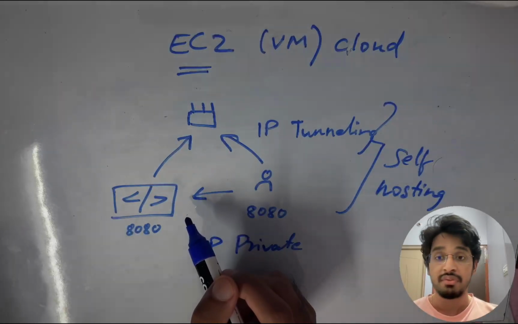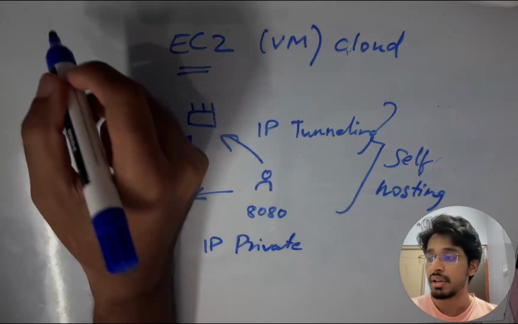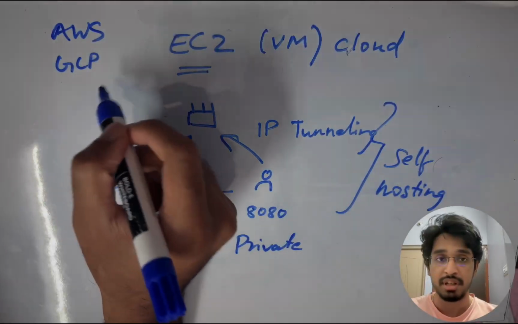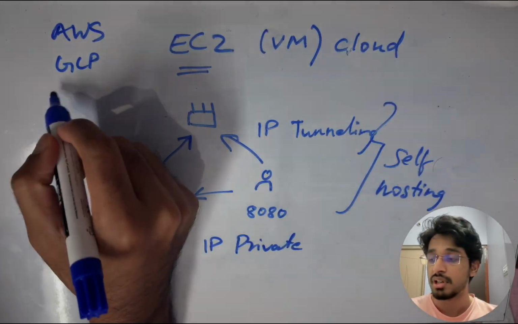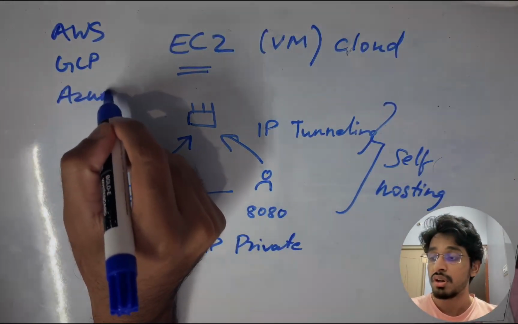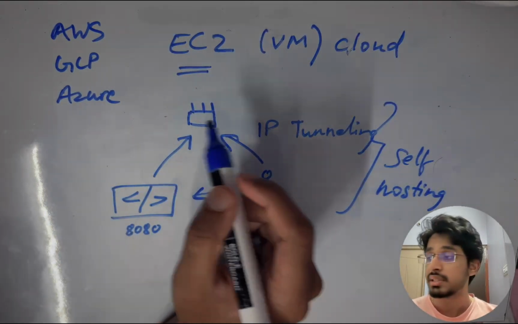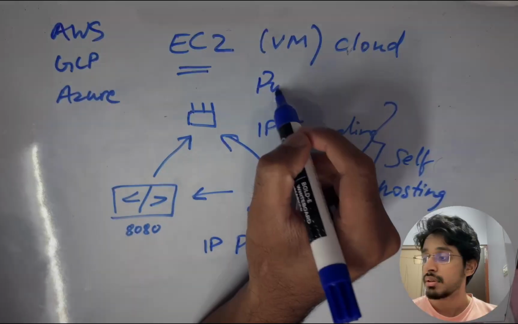That is where cloud providers like AWS, GCP (Google Cloud Platform, by the way), and also Azure come in. These are all called cloud providers. They provide something called a public IP address.